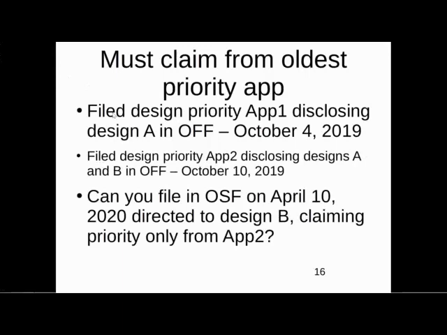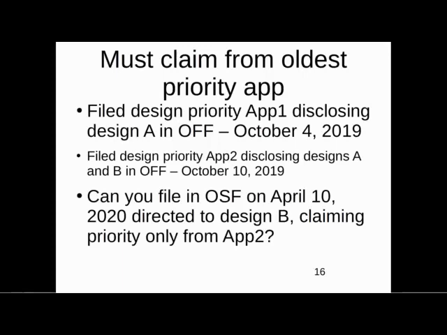Now we change our fact pattern slightly. Suppose what was filed in that foreign country on October 4th of 2019 disclosed design A, and then 6 days later, another design application was filed in that foreign country that contained all of the A subject matter and also contained some subject matter that we will call B. Can you now file, say, in the US as an office of second filing, counting 6 months from the second filing, as long as you have the self-control that you only claim the B design?